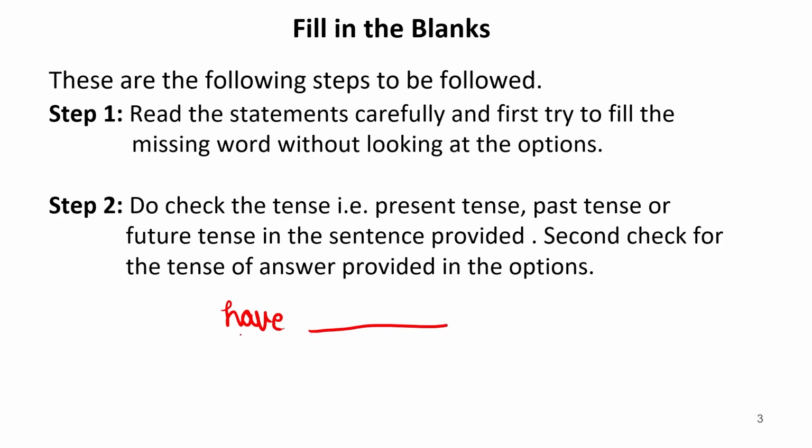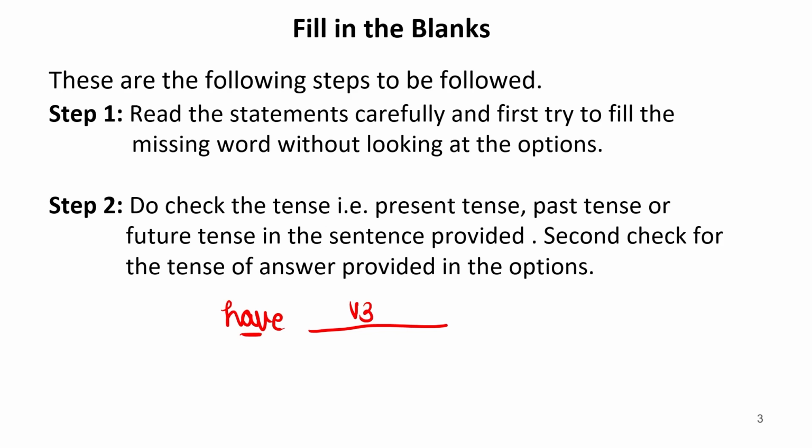Now we know well that this have, if it is a helping verb, we need the third form of verb over here. It means this is present perfect tense. So in the options given to us, we can choose only those options that are in third form of verb. If all are in third form of verb, then we have to select the word according to the meaning of the sentence.